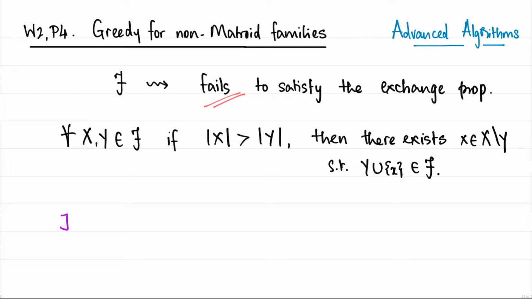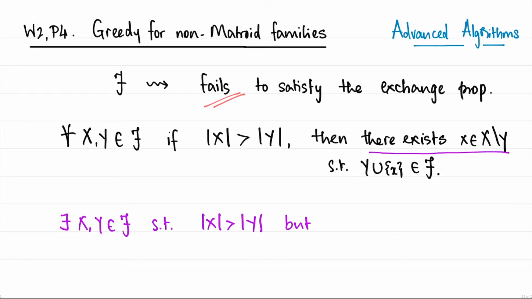So what we have is that there is a pair of sets in the family such that X is bigger than Y, but it's not possible to pull in an element from X minus Y to extend Y and remain independent.